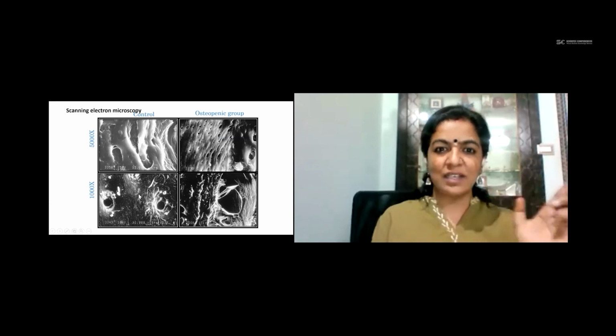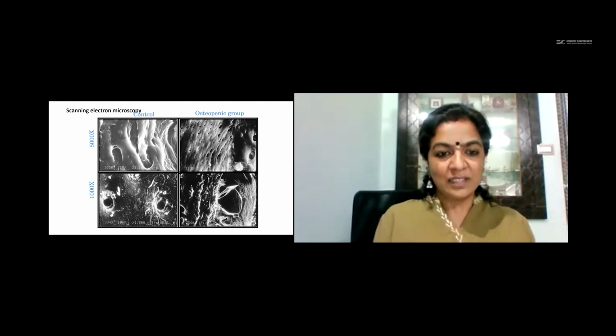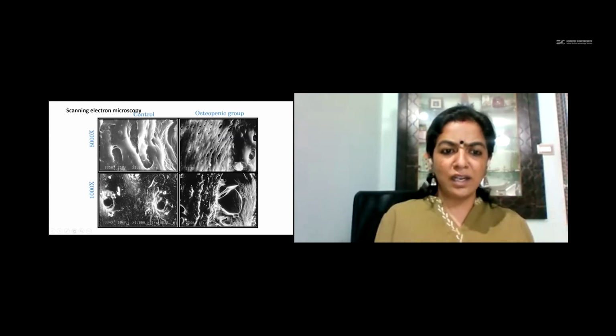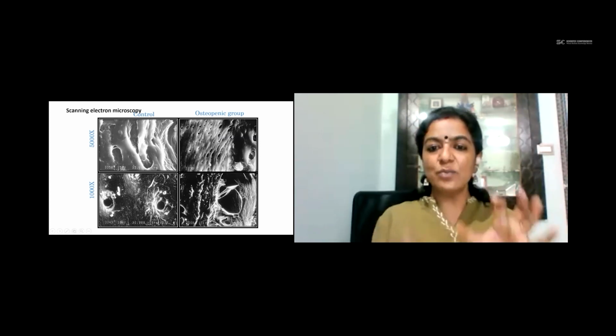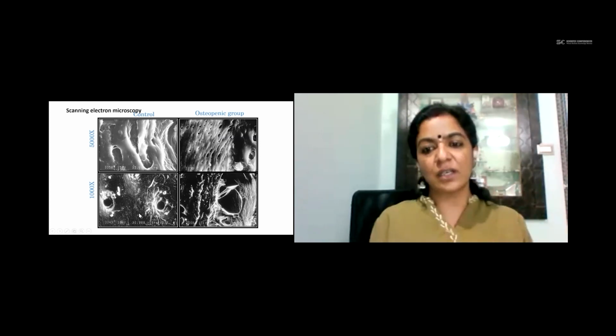As I've told you in the diagrammatic representation, these Haversian canals will be there, and around them is the lamellar arrangement, or we can say the osteon arrangement. So this is one osteon, this is another, this is another. This is how we have compared it with the control and the osteopenic.